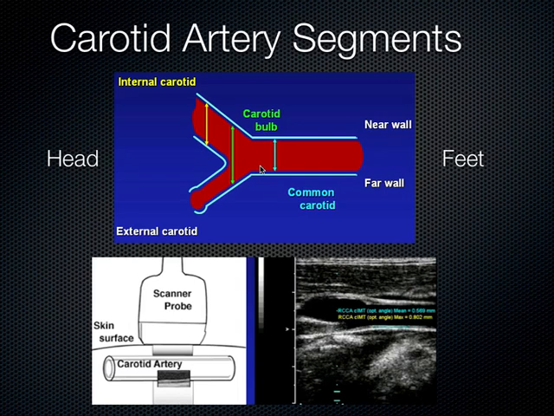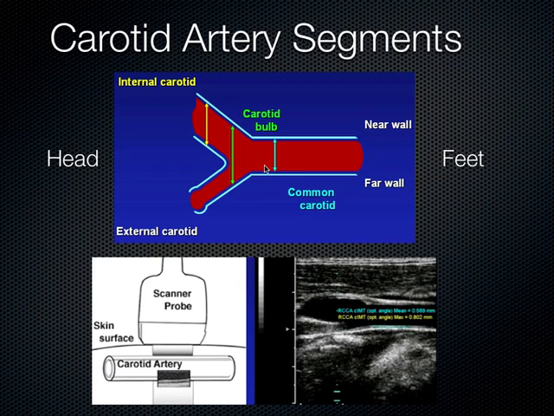And the intimal medial thickness is really measured in the common carotid artery, right at that level of the bifurcation, what's known as the carotid bulb. And because of this tubular shape the vessel has here, getting a good perpendicular location relative to the ultrasound transducer's beam, it basically gives you very, very nice images of the carotid artery.